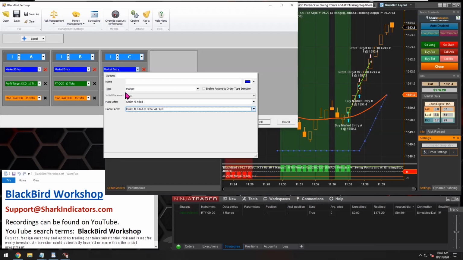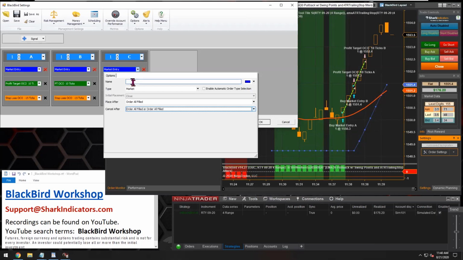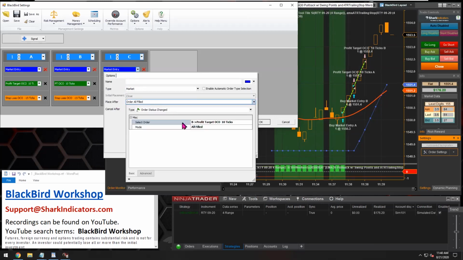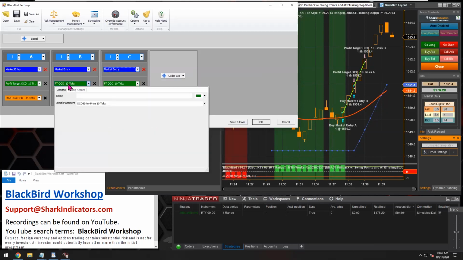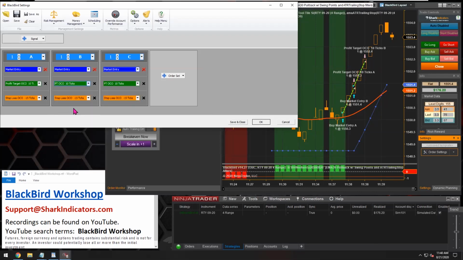So the problem is that the last order set that's trying to monitor a profit target: when the profit target for B is filled, the position is technically flat.